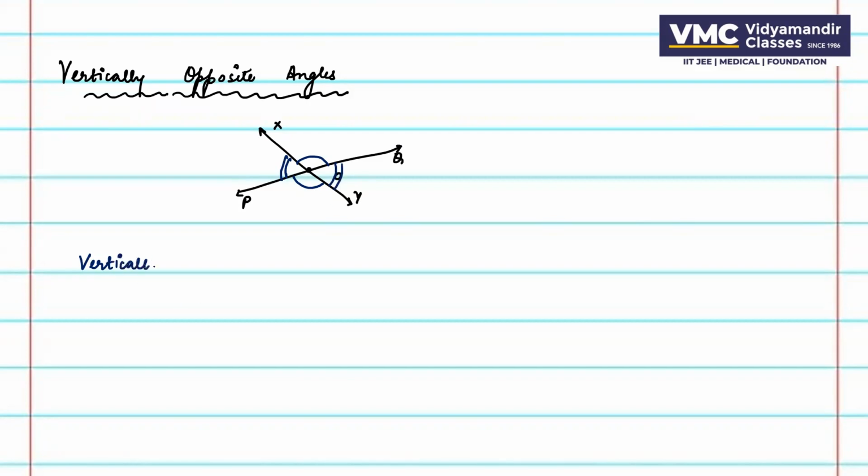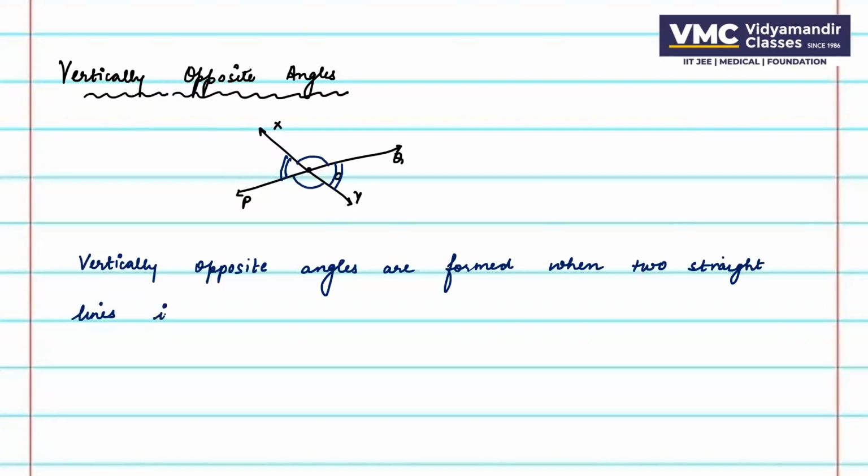So we can just note down, vertically opposite angles are formed when two straight lines intersect each other at a common point.